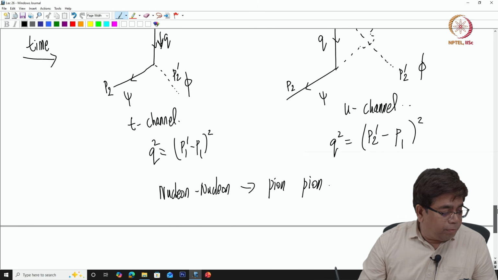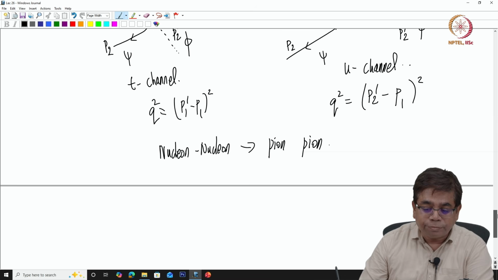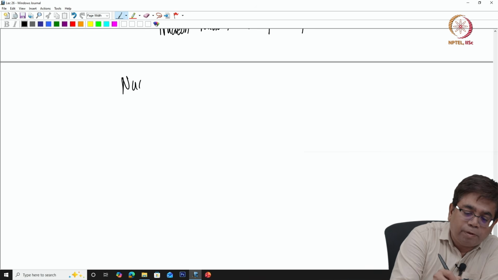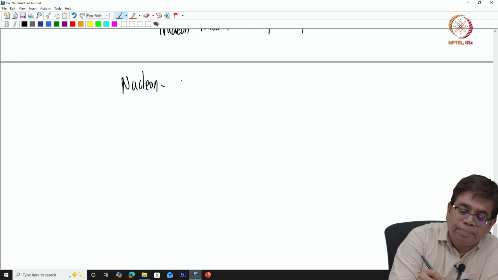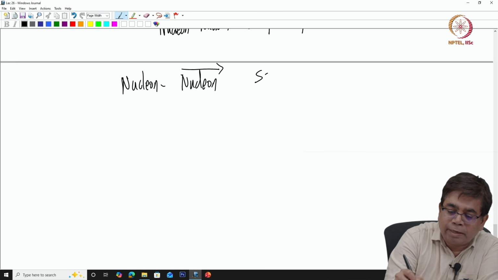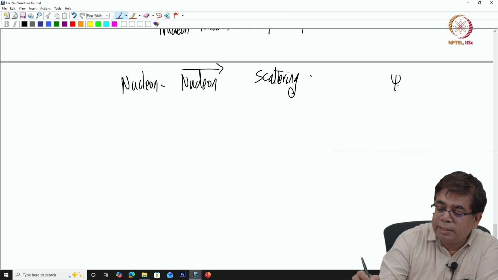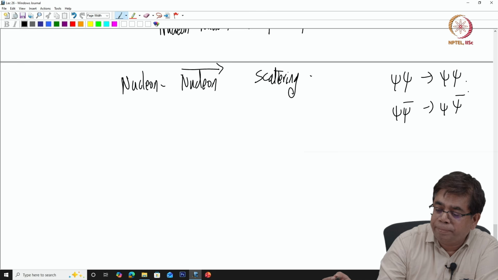Okay. Now what about another process? You can think of another process, nucleon bar scattering. Earlier we have taken psi to psi, but now let us consider psi bar to psi bar.